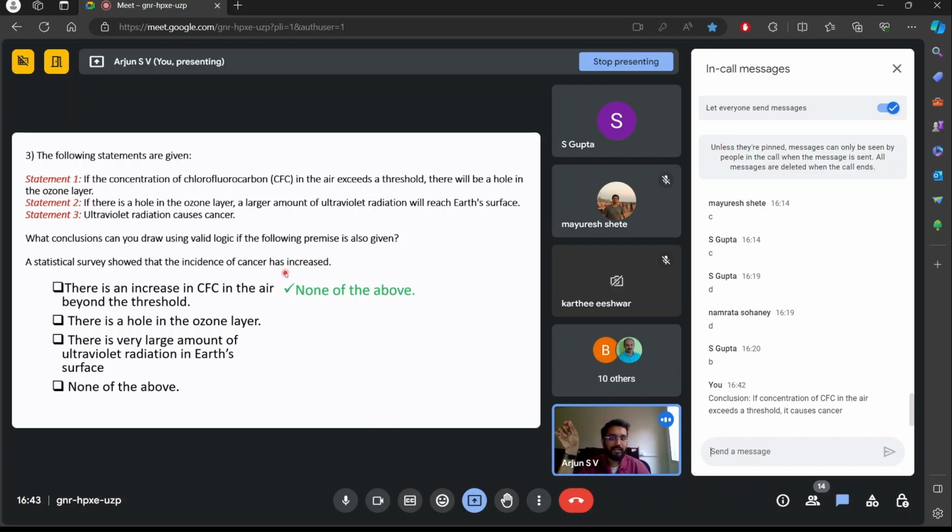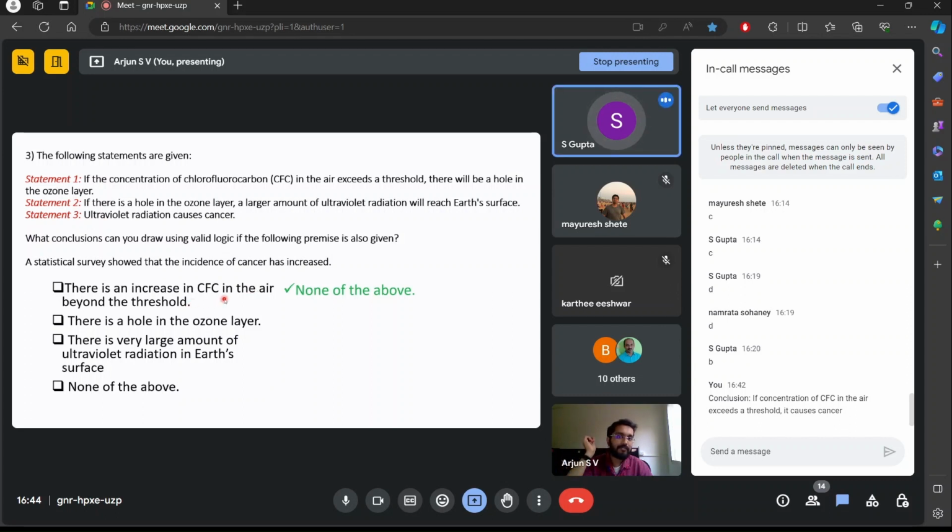Cancer can be caused by any other things as well. The fact that it can be caused by CFCs is valid reasoning, but it's not only caused by the CFC increase. That's why logically the first option cannot be correct either.